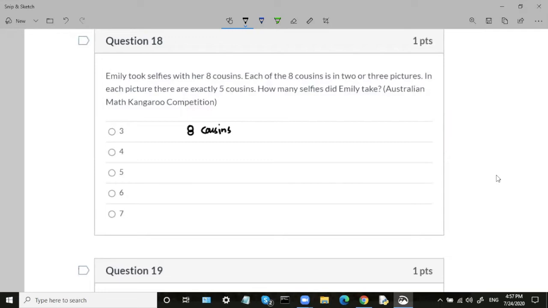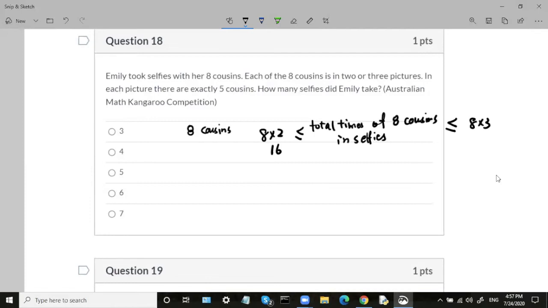So how many times the total times of 8 cousins in selfies should be greater than or equal to 8 times 2, 16, and less than 8 times 3, 24.